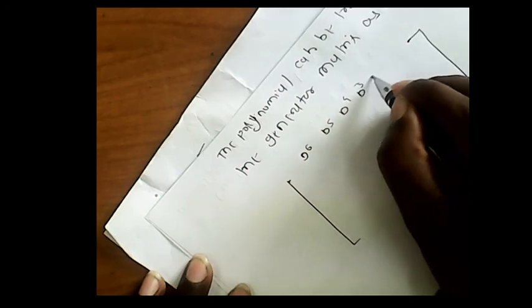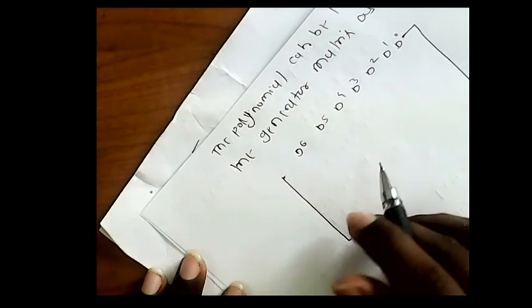Here d raised to power 6, d raised to power 5, d raised to power 4, d raised to power 3, d raised to power 2, d raised to power 1, d raised to power 0.